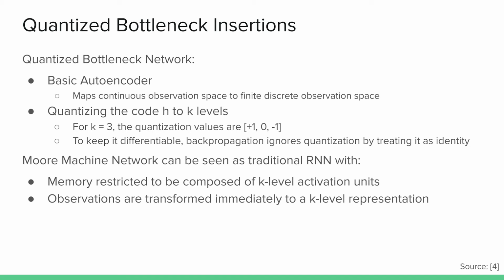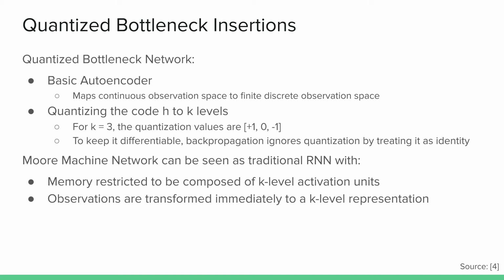To keep this quantization differentiable, the backpropagation just ignores quantization and treats it as the identity function. So the Moore machine network that you can ultimately build here can be seen as a traditional recurrent neural network, but the memory is restricted to be composed of these k-level activation units.